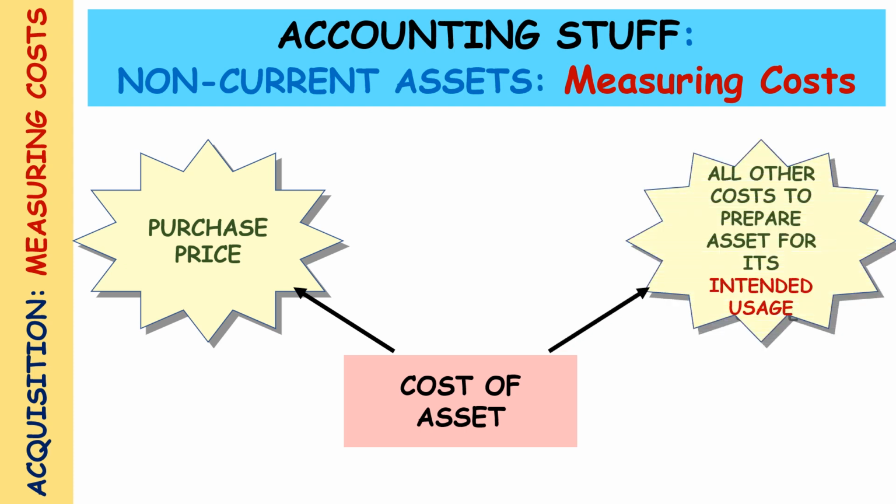Now it also includes all other costs that are necessary to prepare the asset for usage or to deliver or bring the asset to the location where it needs to be used. So the second category includes all other costs that are necessary to put the asset in the usable condition.